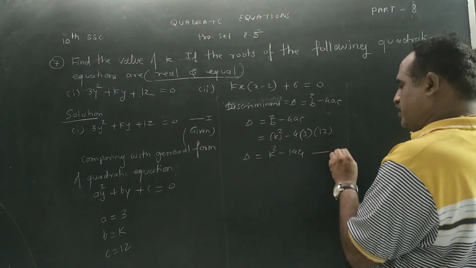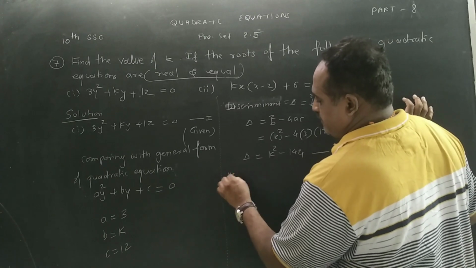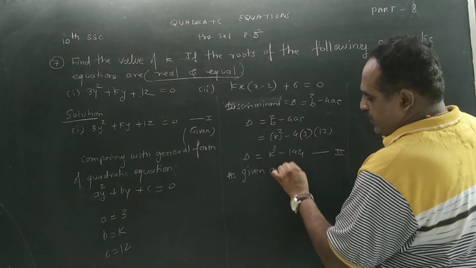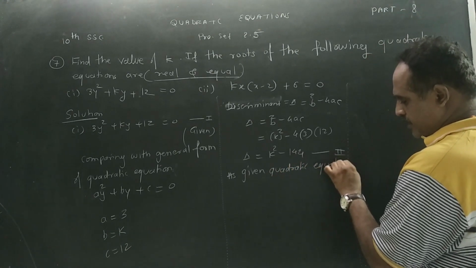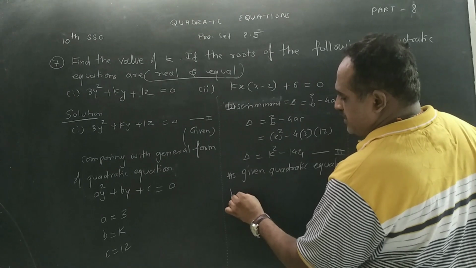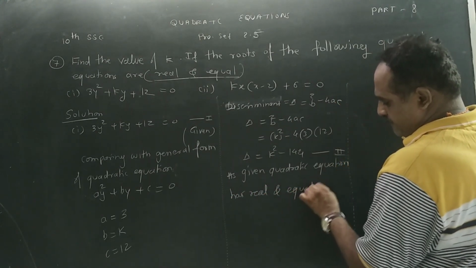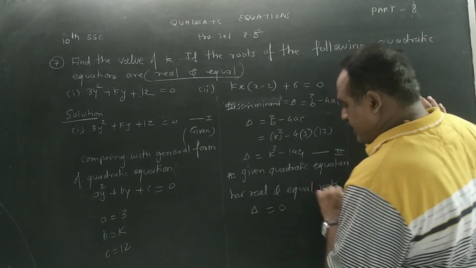I take this as equation 2. The given quadratic equation has real and equal roots. Therefore, delta is equal to 0.